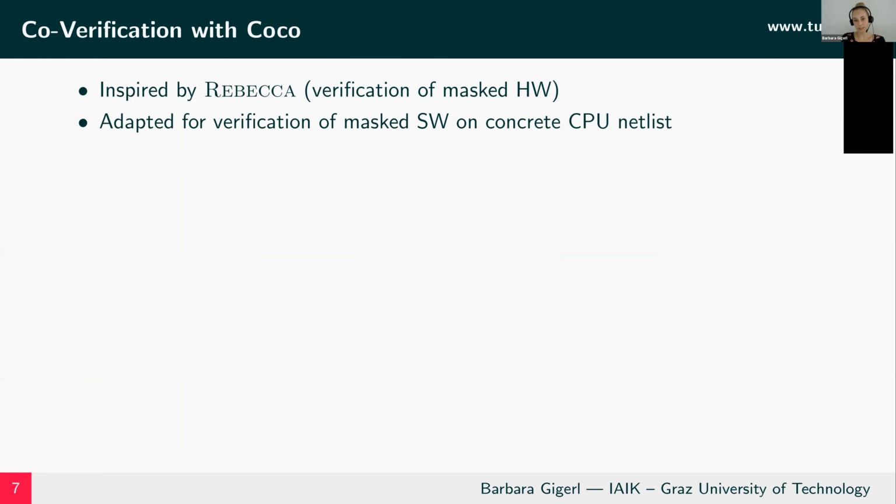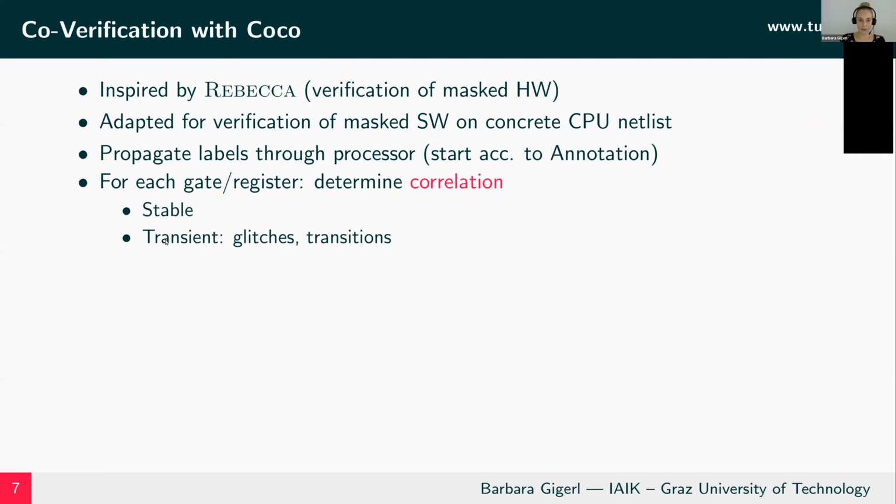We have the labels, which we saw earlier in the annotation step, and we propagate these labels through the whole CPU netlist. And for each gate in the CPU netlist, we then compute the so-called correlation. The correlation will tell us if there is a correlation to a native value, which we don't want to have, and can either be stable or transient. Transient means that glitches and transitions will be taken into account.